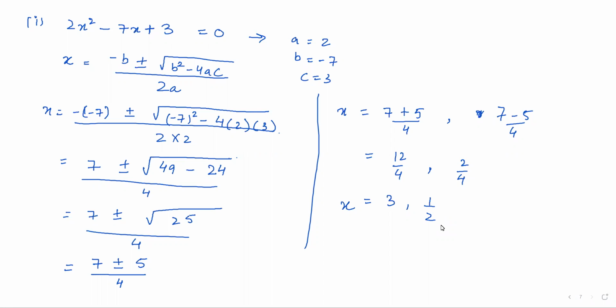So similarly, you can do the rest of the parts now. Yes, sir. See, there are two ways of doing it. The formula is same, but sometimes it is written like this. This b square minus 4ac is actually called d, right? This b square minus 4ac, we call it determinant d. We denote it by d. So we can write the formula like this also, minus b plus minus root d by 2a, right?